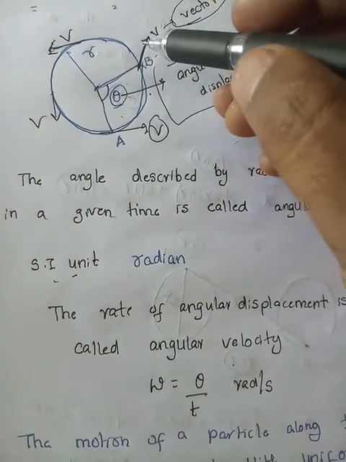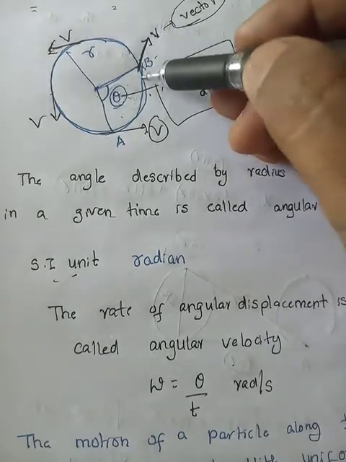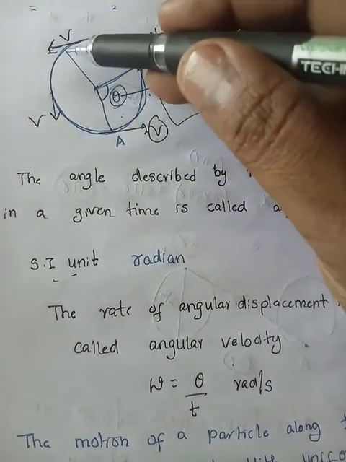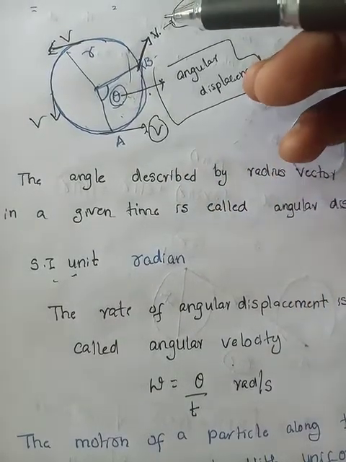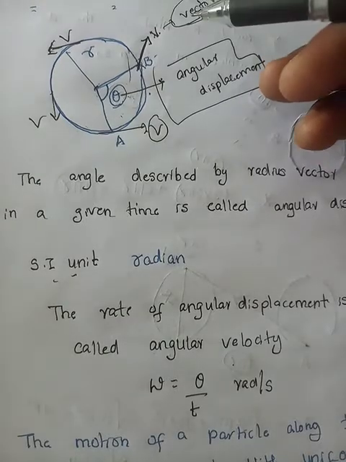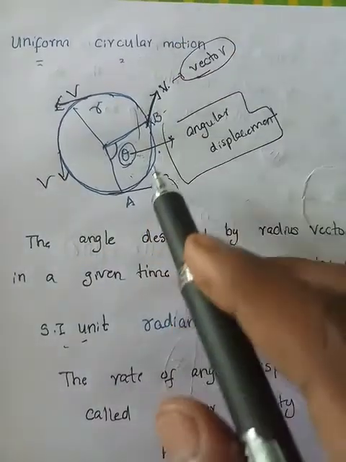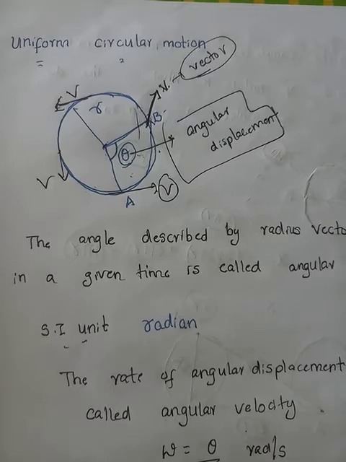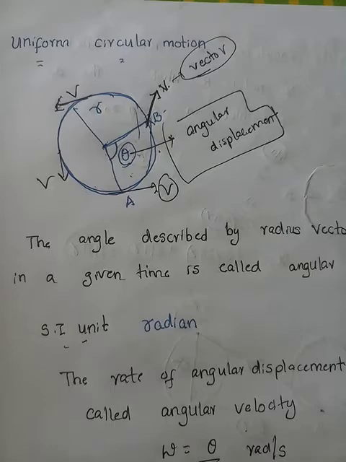Because if you want to find the direction of velocity, you should draw a tangent at that point. The tangent drawn at that instant of time gives the direction. In uniform circular motion, at each and every point the velocity direction changes. So, velocity changes in this case, which means it is getting acceleration. Uniform circular motion means the particle moving in a circular path covers equal angular displacements in equal intervals of time. That is, omega is constant, whereas v changes.